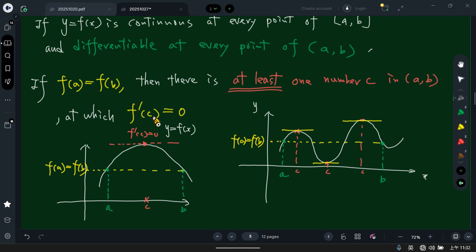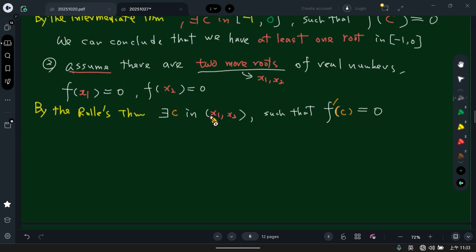Remember, f prime C is the slope; the slope of the tangent should be 0. So if f of S1 and f of S2 are zeros, then we can find C in S1, S2 such that f prime C is 0, by Rolle's.